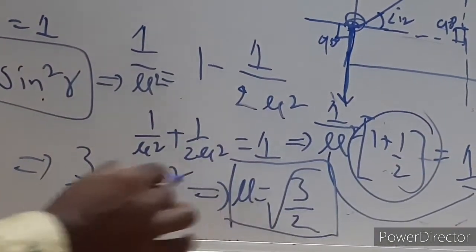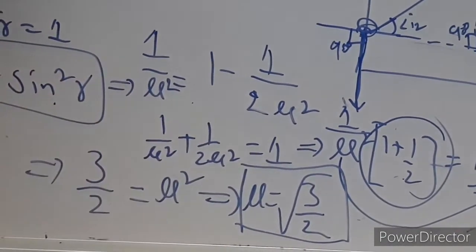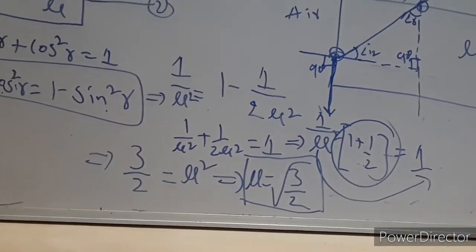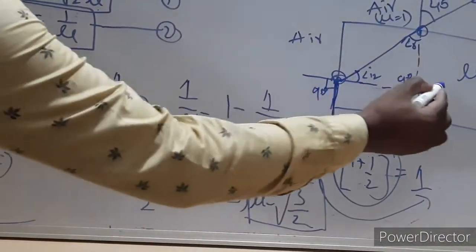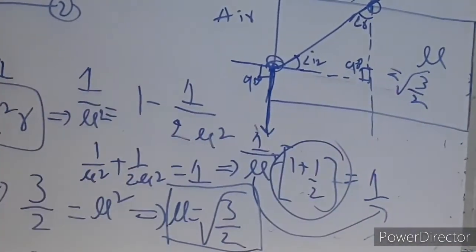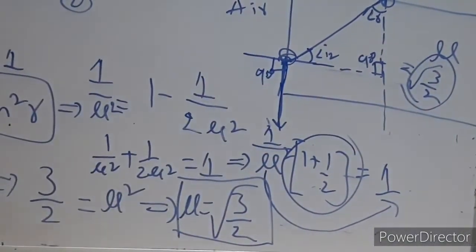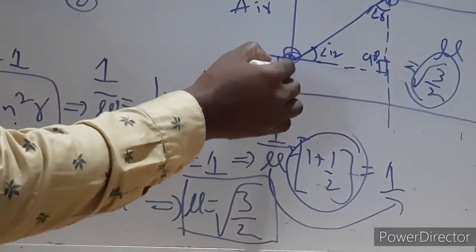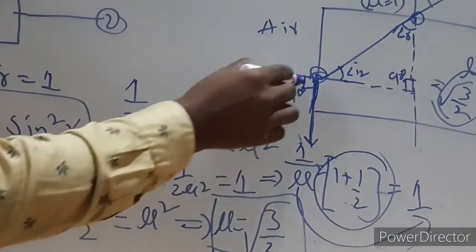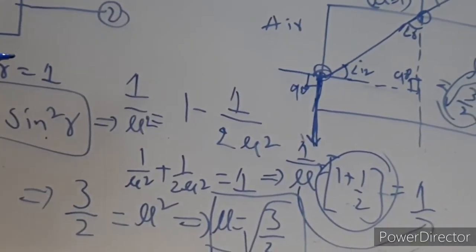We saw the options in the previous case. Mu equal to root 3 by 2 is the second option. This is the refractive index of the medium. If the refractive index is root 3 by 2, then instead of refracting into the second medium, it will go under the TIR process.